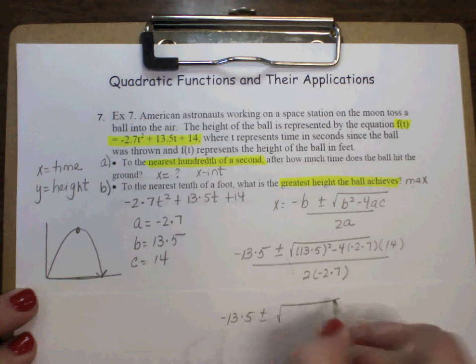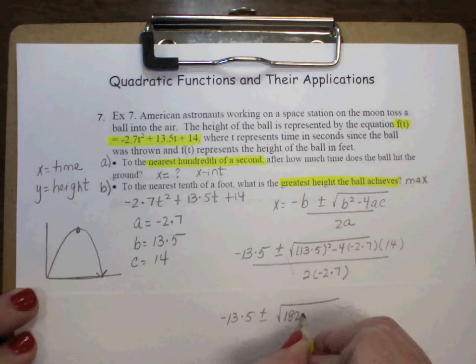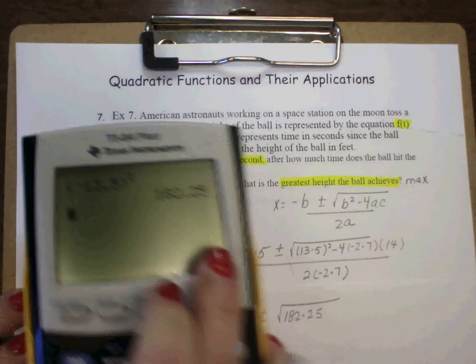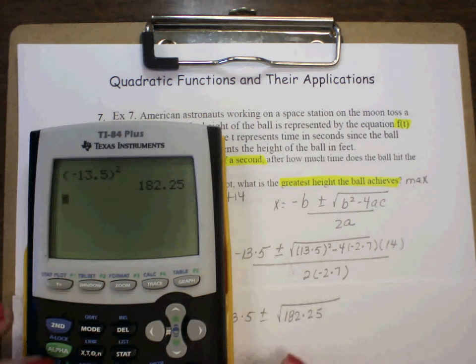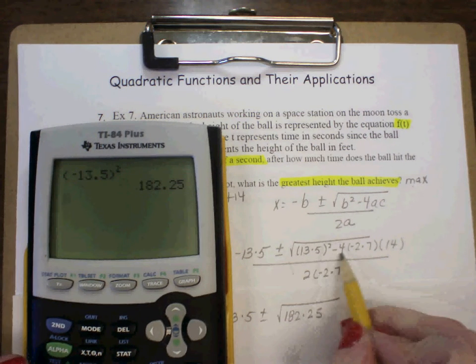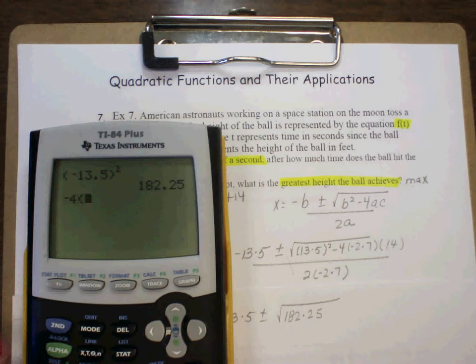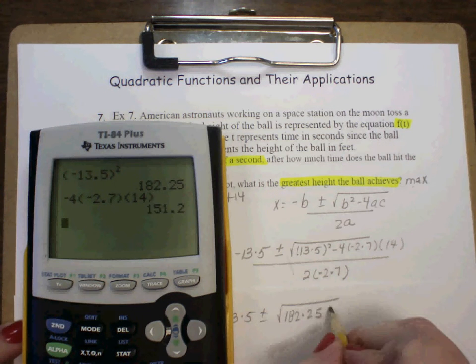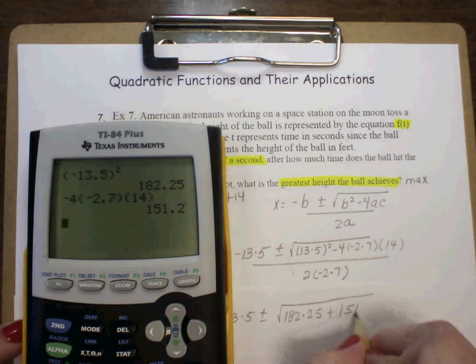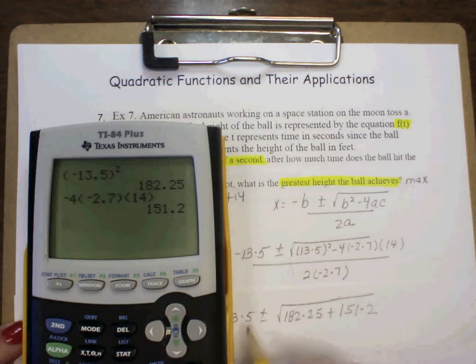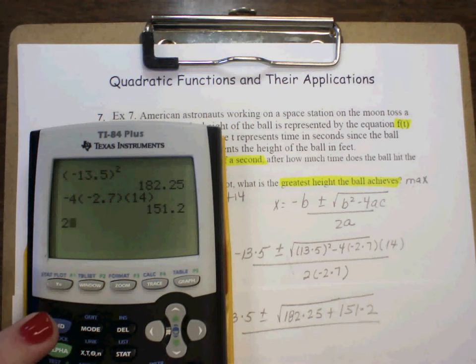And then that's a negative 4, so negative 4 times negative 2.7 times 14 will be a plus 151.2. And then 2 times negative 2.7 is negative 5.4.